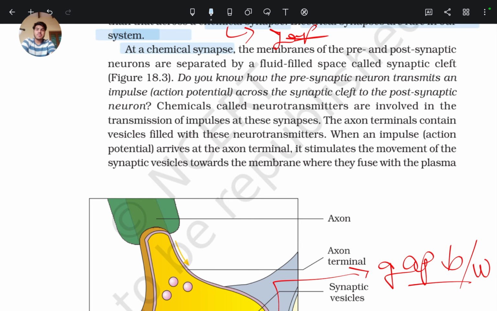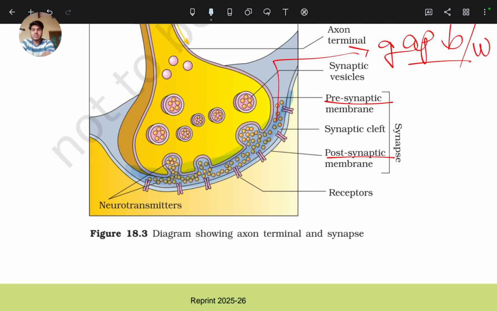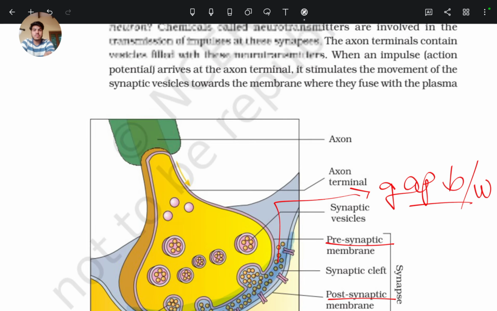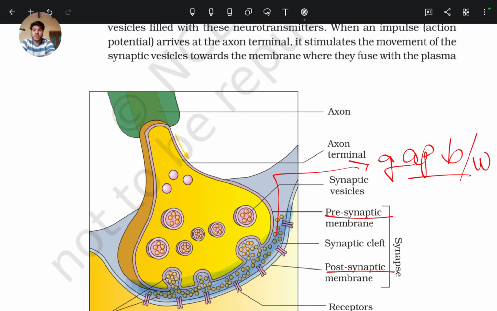At a chemical synapse, the membranes of pre and postsynaptic neurons are separated by a fluid-filled space called synaptic cleft. In this diagram, the synaptic cleft is shown here. Do you know how the presynaptic neuron transmits an impulse or action potential across the synaptic cleft to the postsynaptic neuron? It is by chemical neurotransmitters.